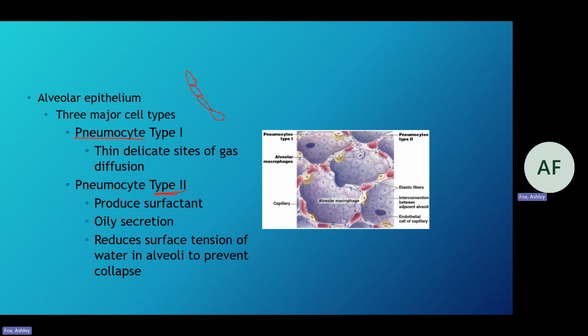This is where gas is going to diffuse. So again, oxygen is going to go from the alveoli into the capillaries, external respiration. Carbon dioxide is going to leave the capillaries and go into the alveoli. And this is happening at pneumocyte type 1.